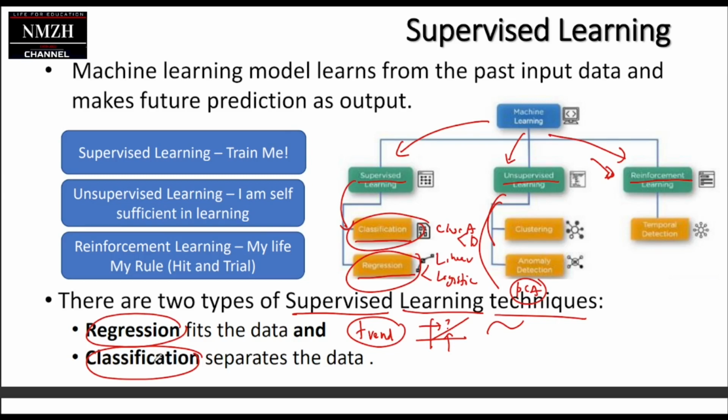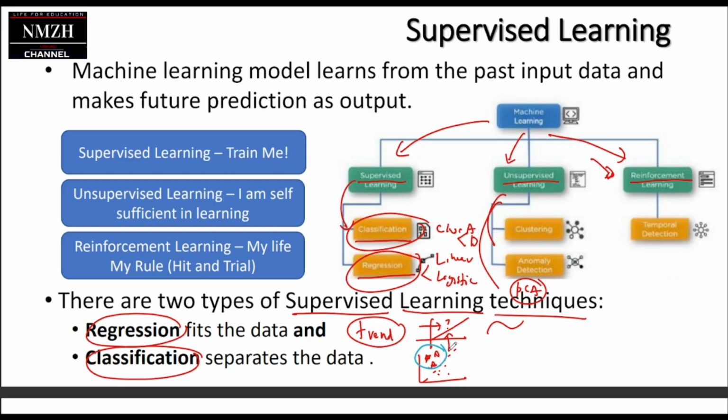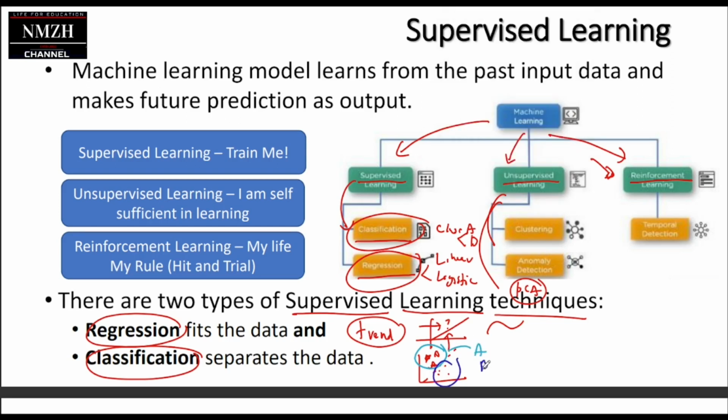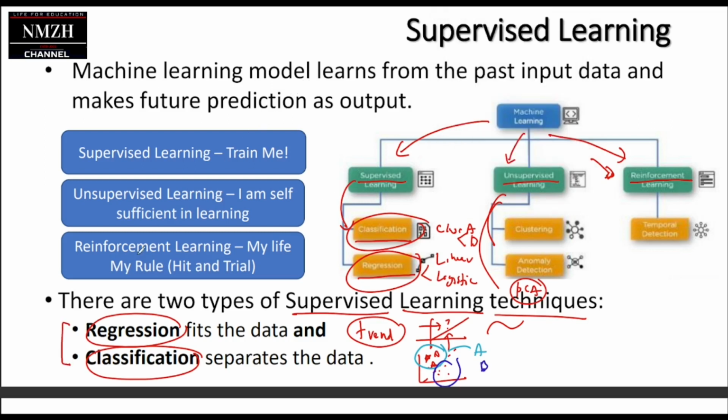Then classification is separating the data, whereby let's say we have this data, so we separate these two. Over here we consider this one as group A and the other one as group B. That would be classification. In this video, we will talk about the capability of SVM to do this.